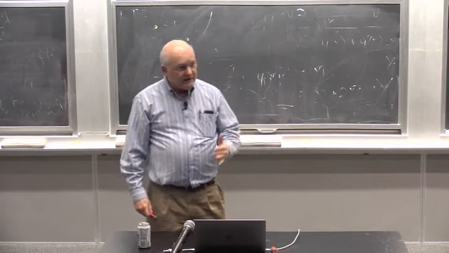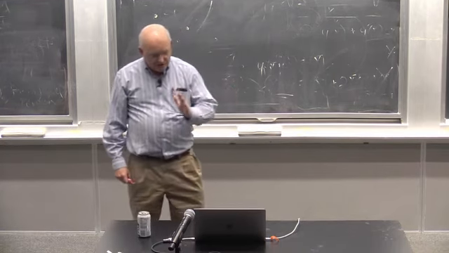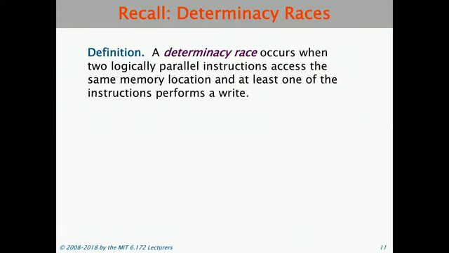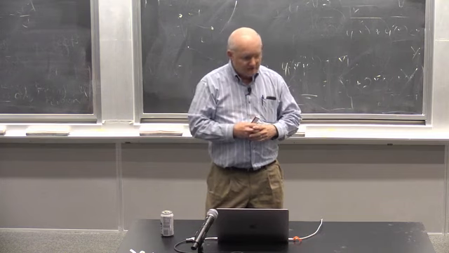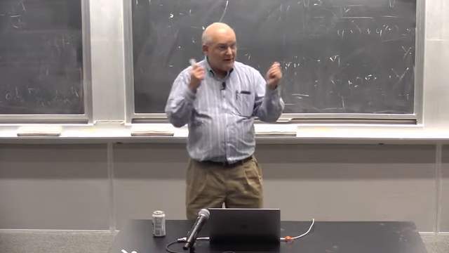Let's go back a little bit and recall our discussion of determinacy races in this class. Remember, a determinacy race occurs when you have two logically parallel instructions that access the same memory location, and at least one of them performs a write. So mutex locks can guarantee that critical sections behave atomically, but the resulting code is inherently non-deterministic, because we had a race there.